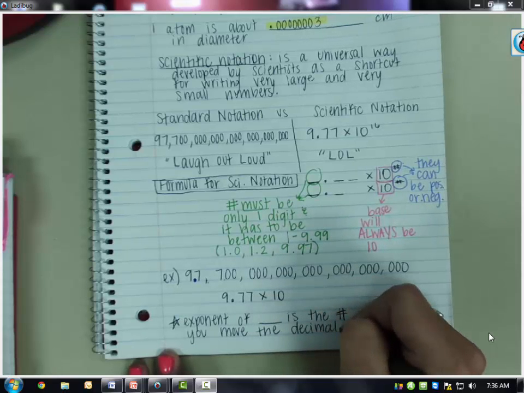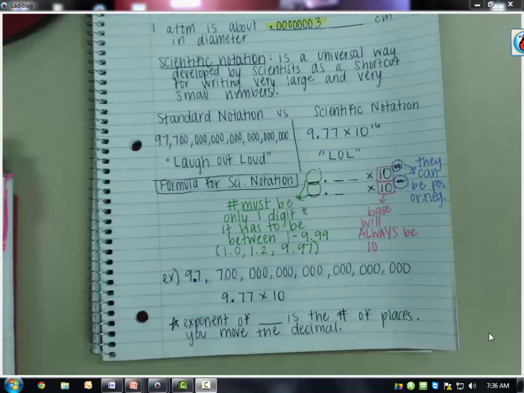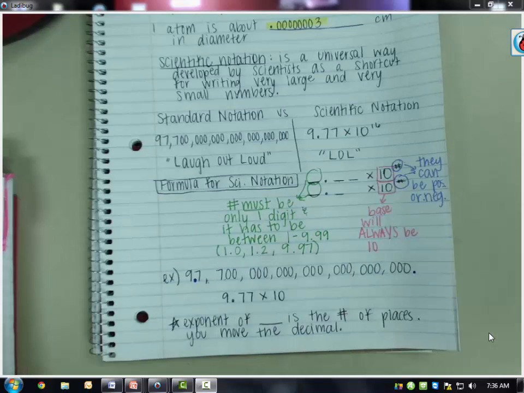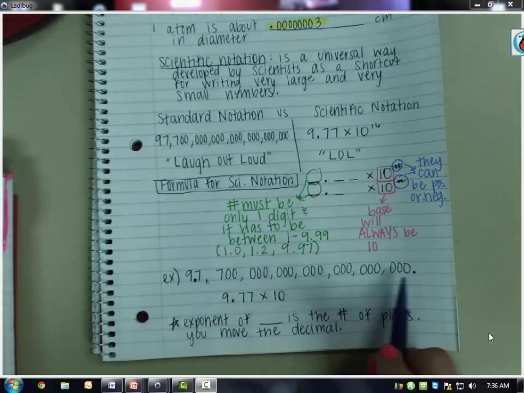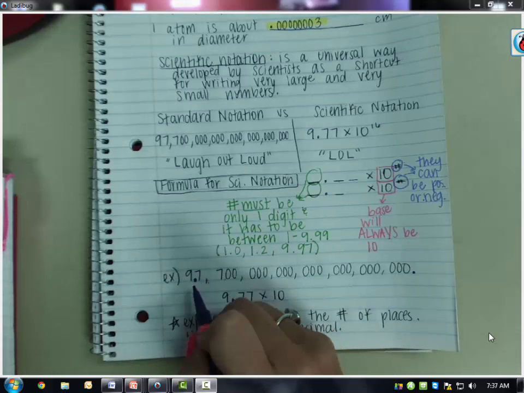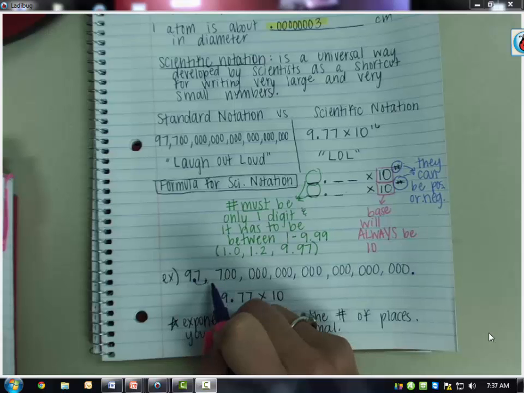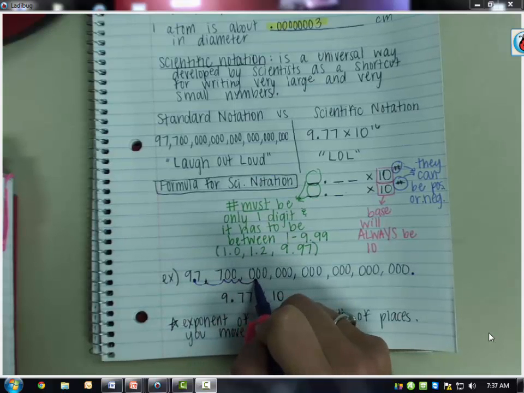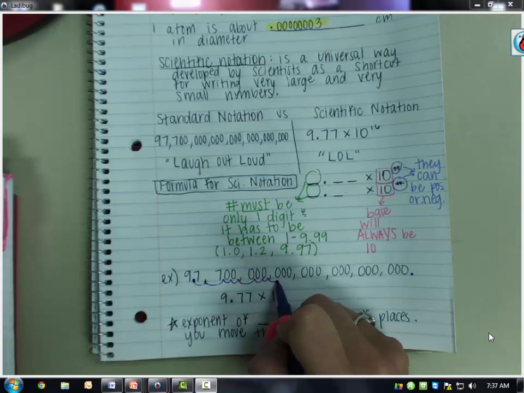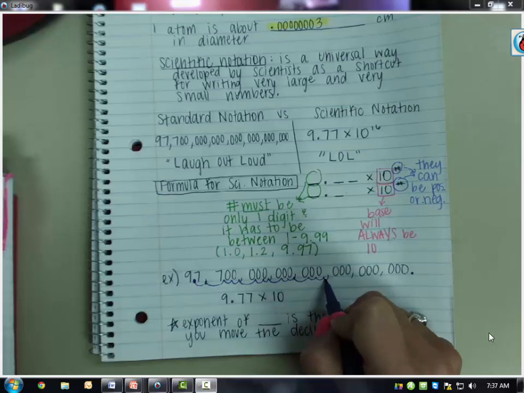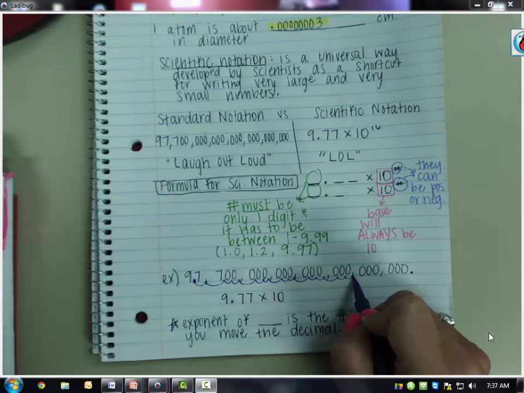Alright, so let's figure out how many times we move our decimal. Well, Ms. Hitchcock, where are we trying to get our decimal to? We want to get it to the end of the number. So we have to figure out how many spaces are between where we started our decimal and where we're going to end our decimal. So let's count. 1, 2, 3, 4, 5, 6, 7, 8, 9, 10, 11, 12, 13, 14, 15, 16, 17, 18, 19, 20, 21, 22.